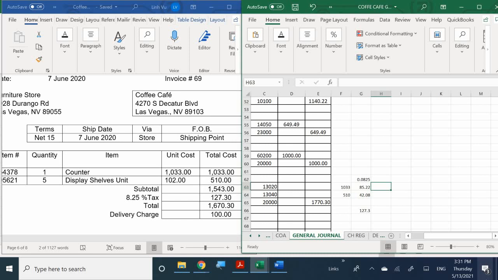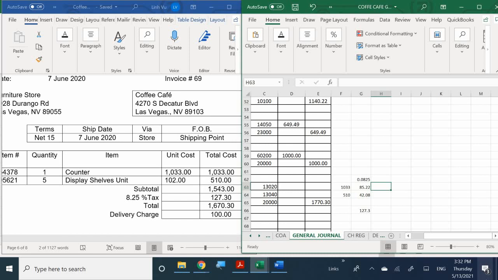Now, would it be appropriate to split the delivery charges in half? $50 to the counter and $50 to the display shelves? Is that a fair way to say that? No, because the display shelves are probably going to be a lot lighter.